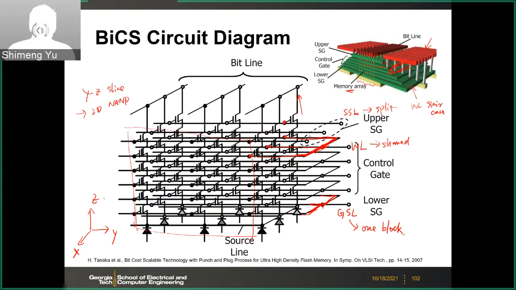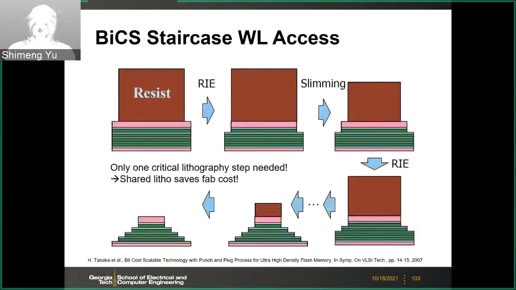But for the word line staircase, you have to connect to individual word lines. Therefore, you have to make the staircase, because later you will have contact wires land on each individual layer to connect to the word line. You need to connect word line 1, 2, 3, 4, 5.